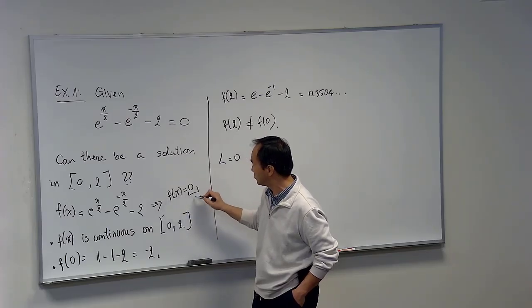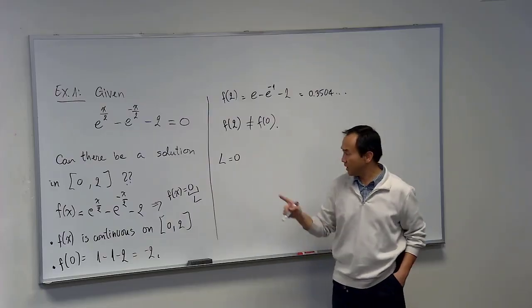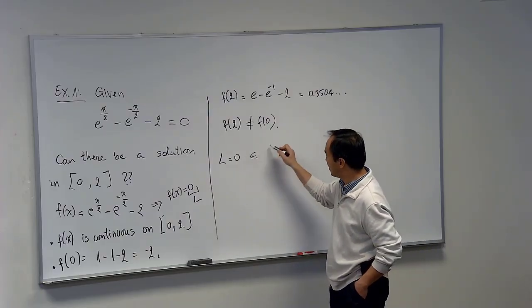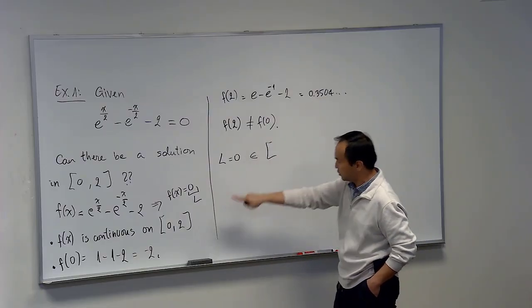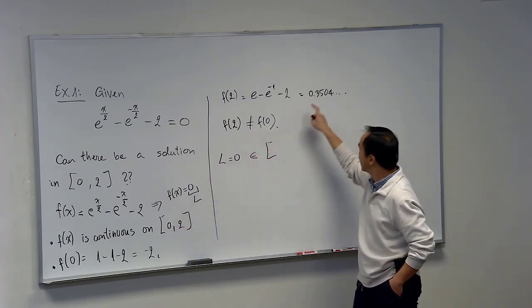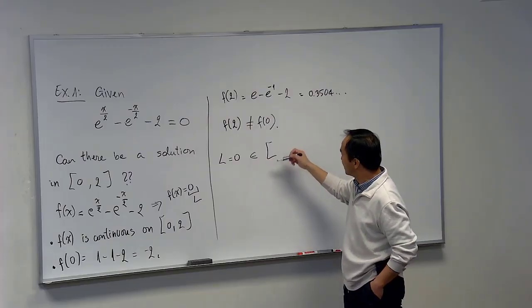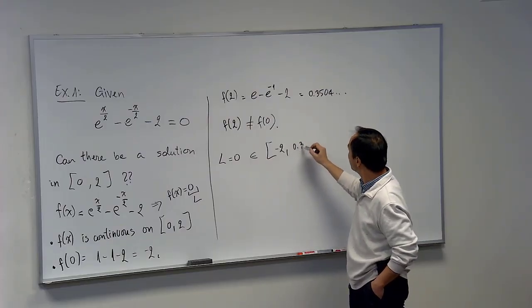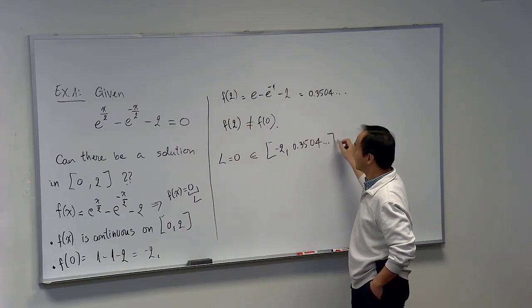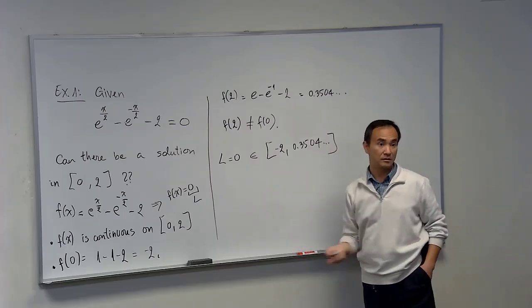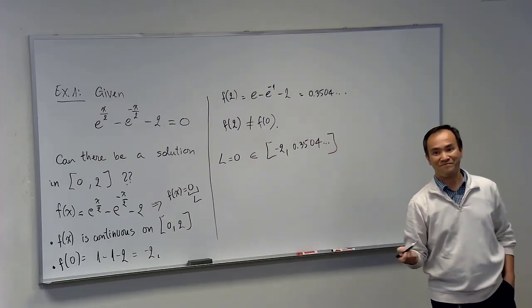So we can take that to be our L. So L equals 0 is falling somewhere in between. Between these two values, one of them is negative and the other is positive. So L is between -2 and 0.3504 on the vertical axis. You guys with me on that?